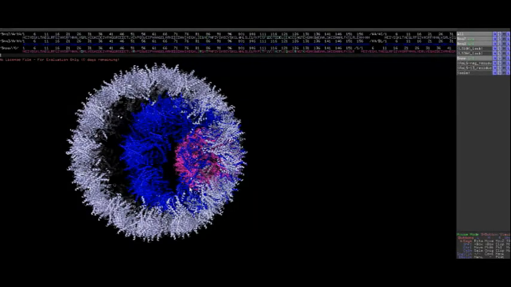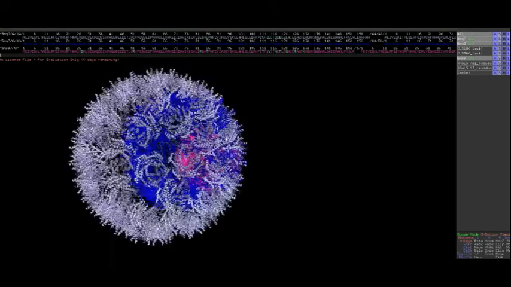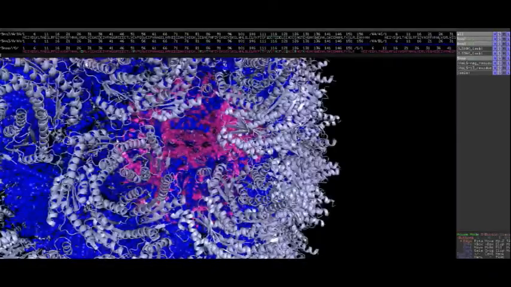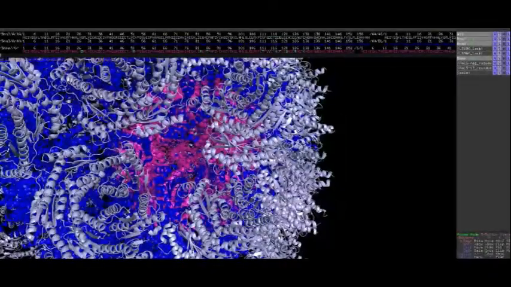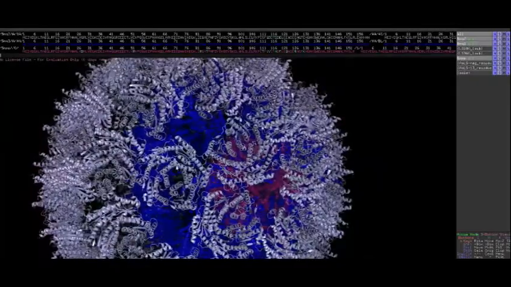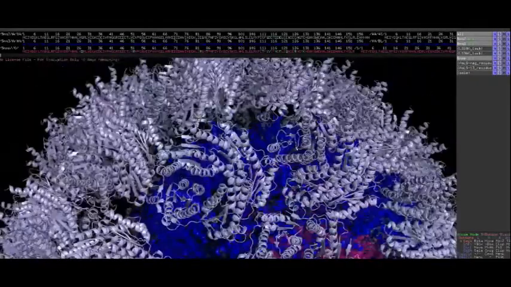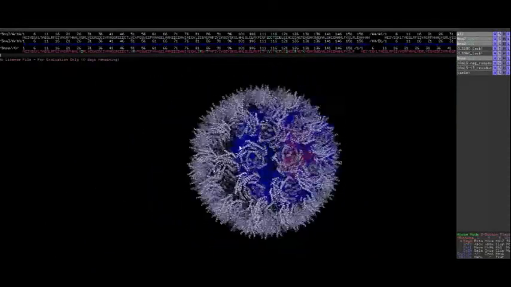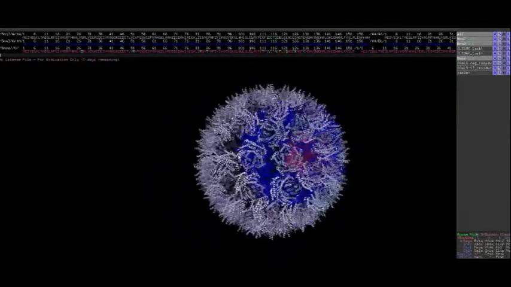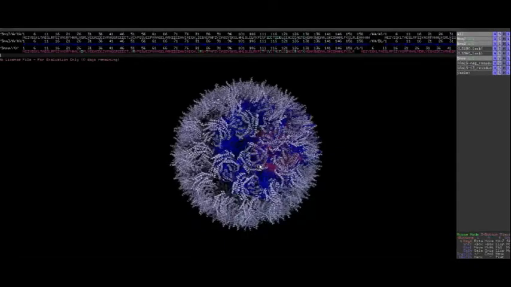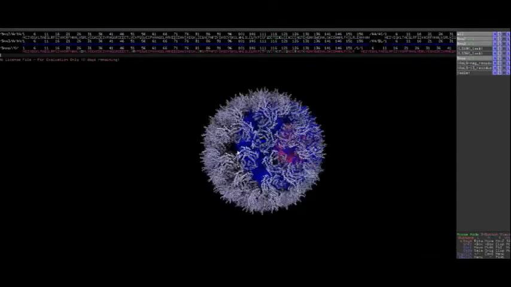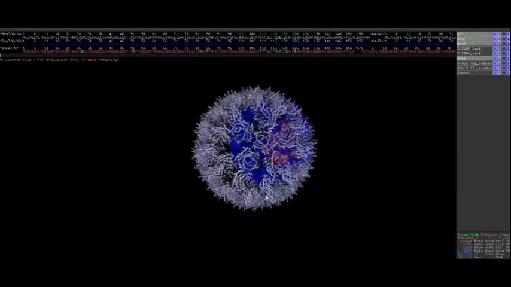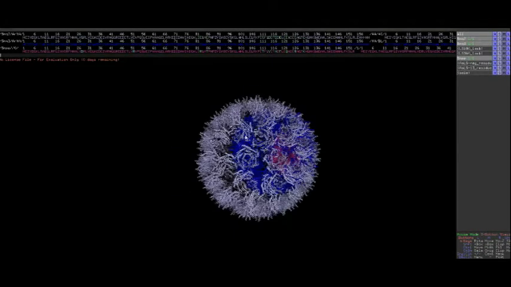And so we can see that it generates this large spherical structure here. And you can actually zoom in right here, for instance, and see one of those pentamers generating this large spherical structure. But anyway, I just thought that was really cool that just through a little directed evolution, they could have it generate this large structure.